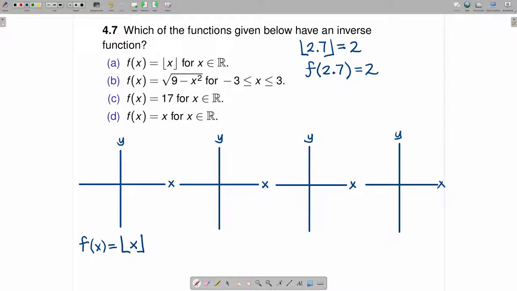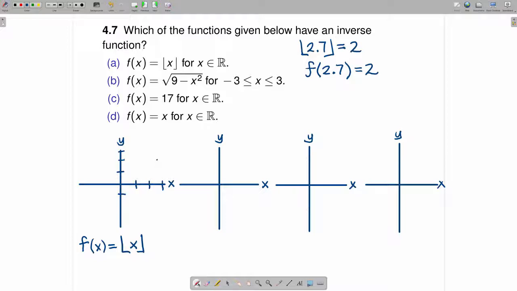Now, if you put some tick marks on the axis, here's what you have. That particular point, namely 2.7, shows up right here. Here is 2.7. When you go up to 2, there is that point on the graph.